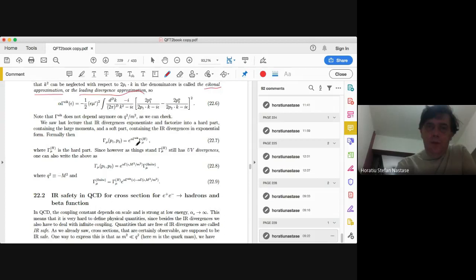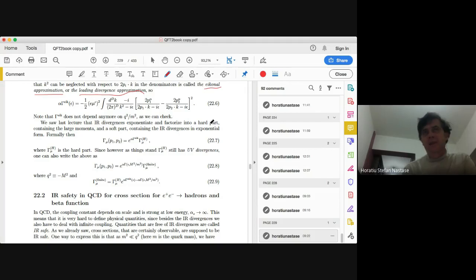Now, we've seen last time that the infrared divergence first exponentiates and second factorizes into a so-called hard part that contains large momenta.